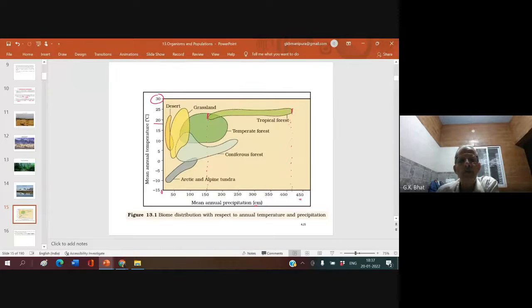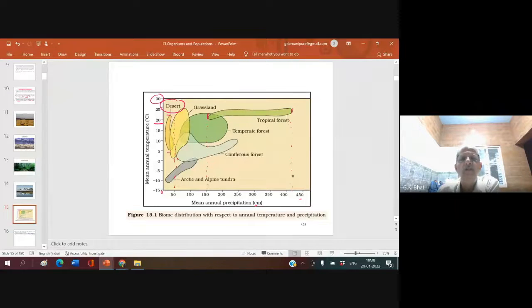Temperature will be always between 20 to 25. Like that, if we take the desert, what is that? The temperature in the desert varies between 5 to 25, and rainfall is less than 50 centimeters. So in this way, you may be asked any question on any of these.